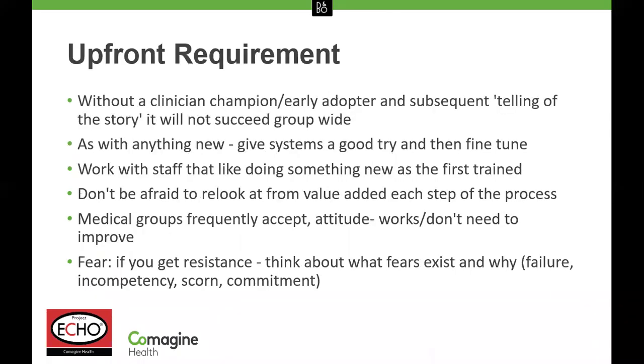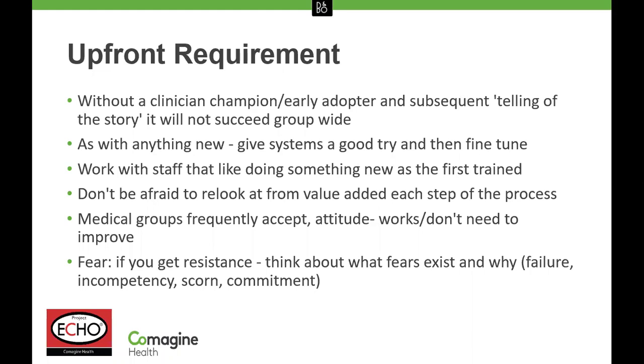Okay. Some of the upfront requirements. Clinician champions are really important, and especially their ability to tell the story to the rest of their colleagues. Staff champions are the same. Give your systems a good try and then fine tune.